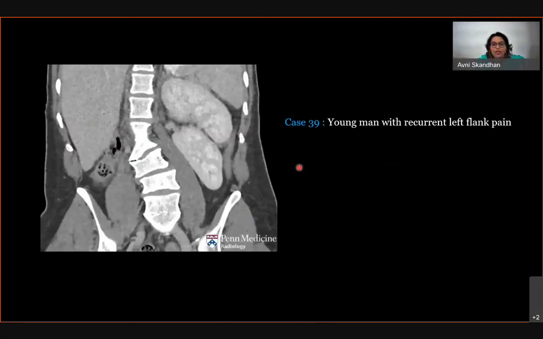Okay. This is a young patient with recurrent left flank pain, so was getting evaluated and had this as part of that. So tell me, what do you think of this? All of you are saying cross-fused ectopia. Yeah, cross-fused ectopia. Again, look at the entire picture. Make sure you look at the entire picture.